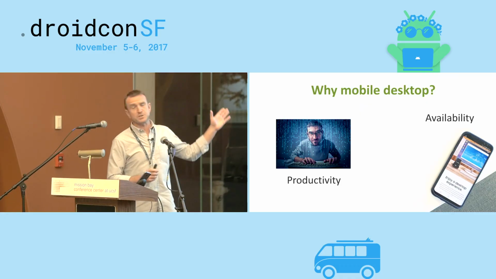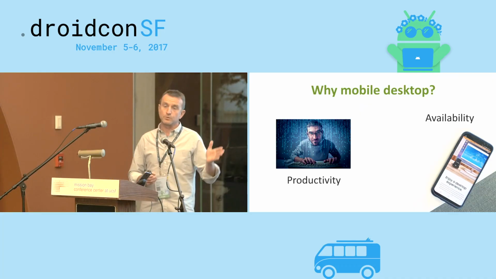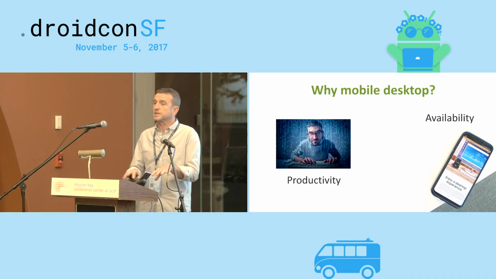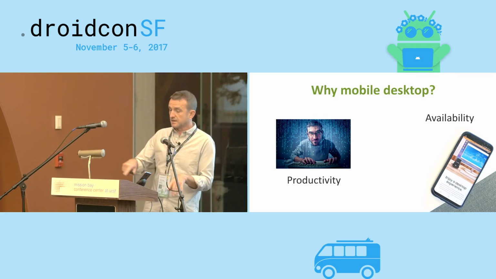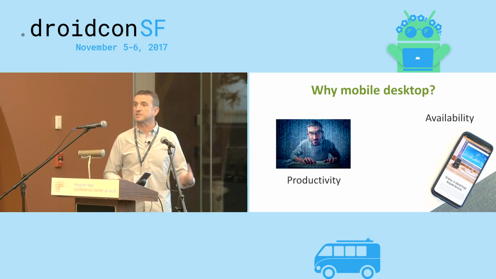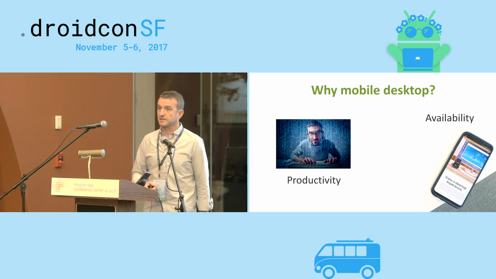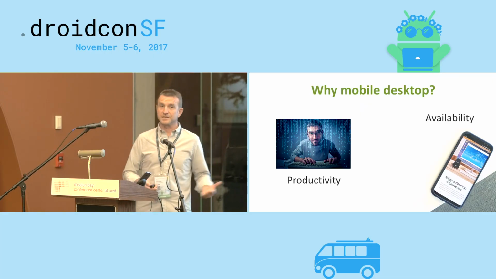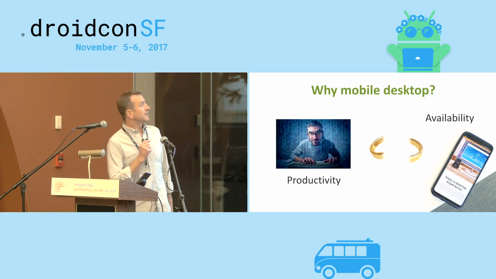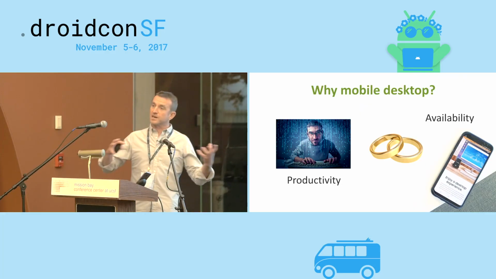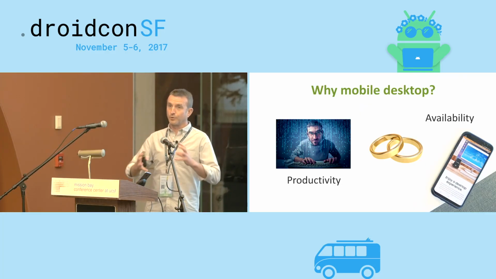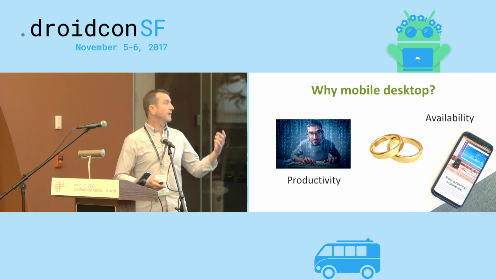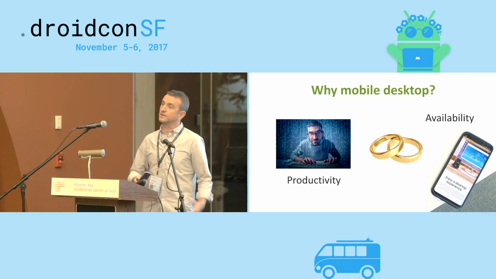So we choose to use desktops or notebooks with physical peripherals, with physical keyboards and mice and trackpads, because it's just a bit more productive, actually a whole lot more productive, especially if you use shortcuts in Android Studio. So the question is, is it possible to marry both worlds and get the instant availability and the productivity of a desktop?